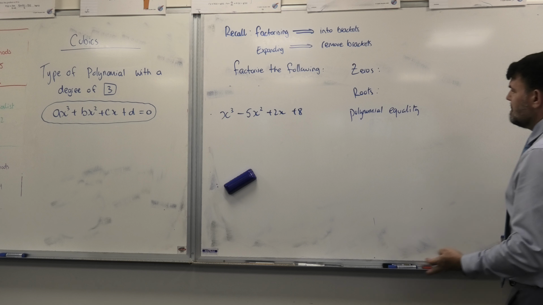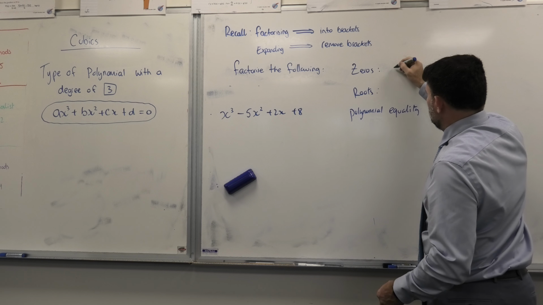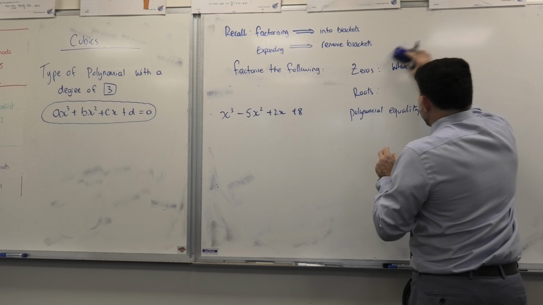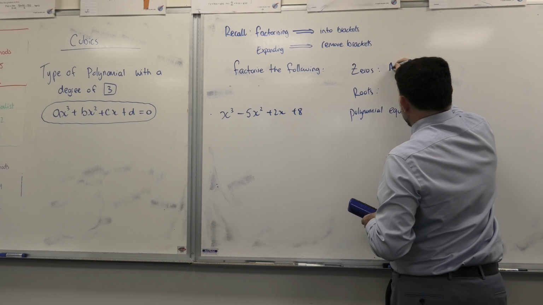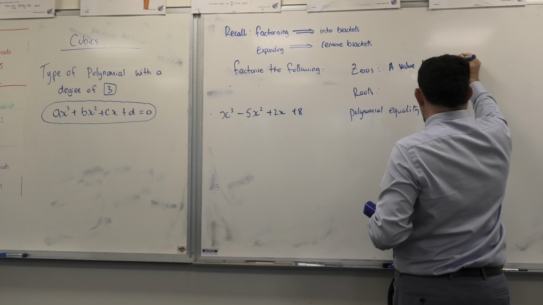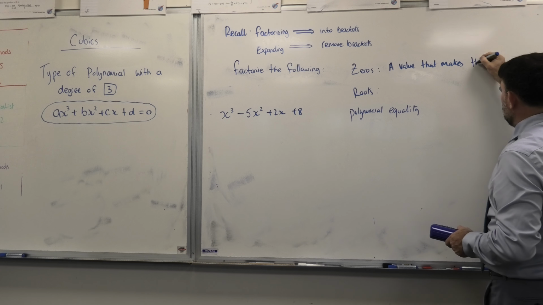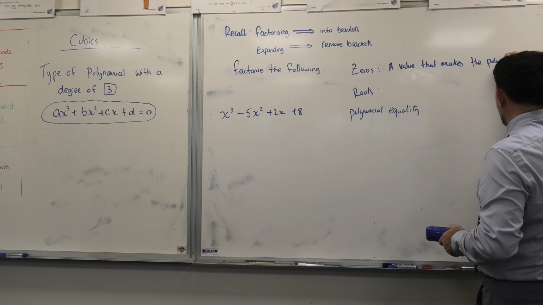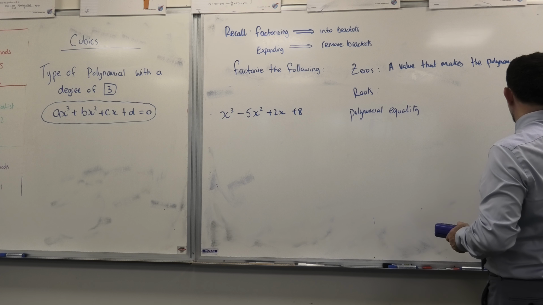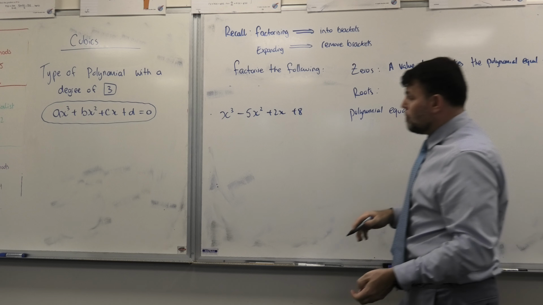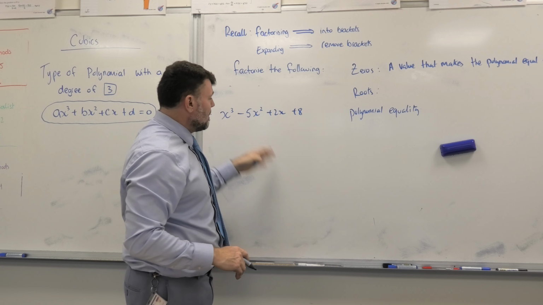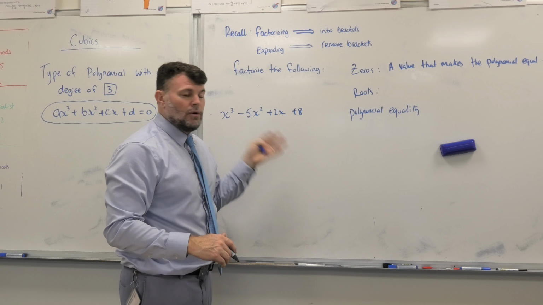Basically, a zero is a value that makes the polynomial equal to 0. So I'm going to plug a number into x here, and if that number gives me 0, then I know that value is a zero for that polynomial.